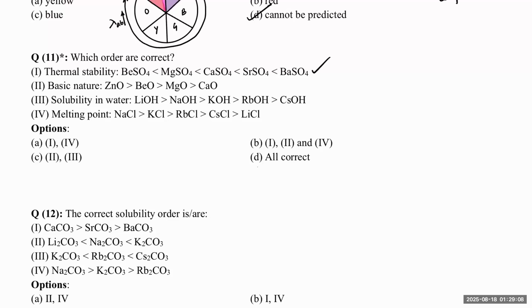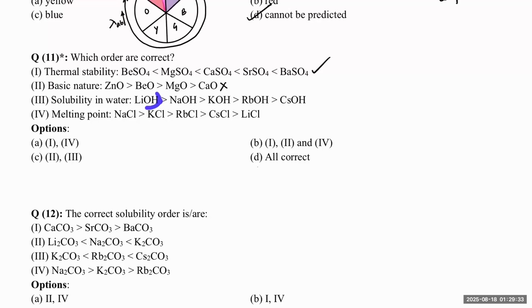Basic character, right? Left to right, actually it should decrease. So most basic should be calcium oxide, then magnesium oxide, then beryllium oxide, and last comes zinc oxide. So this is exactly given reversed. Remember, for oxides, left to right, basic character decreases. Down the group, it increases.